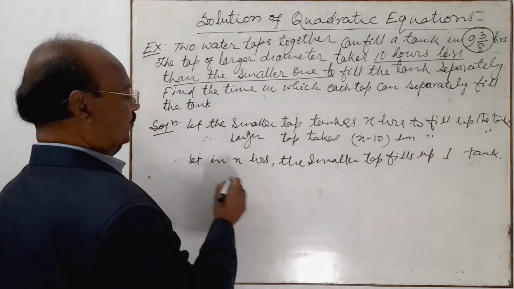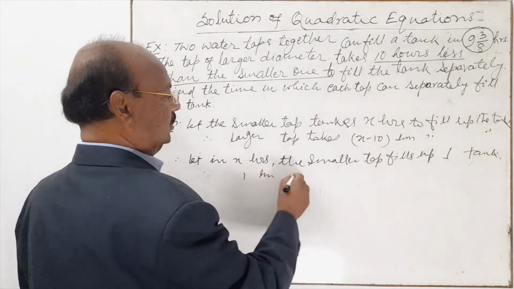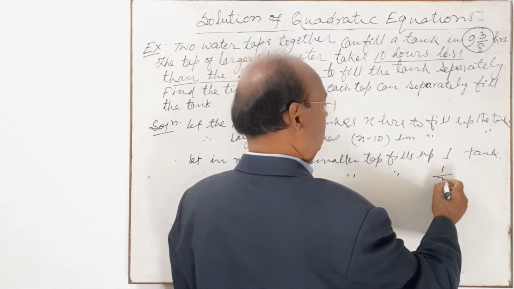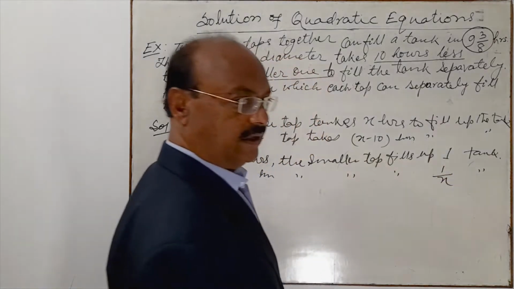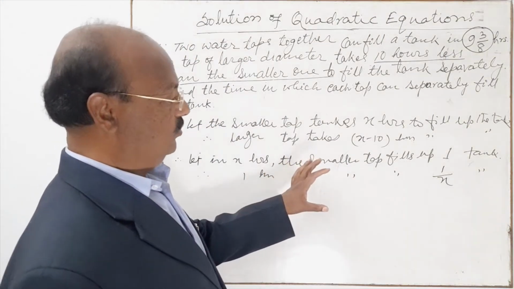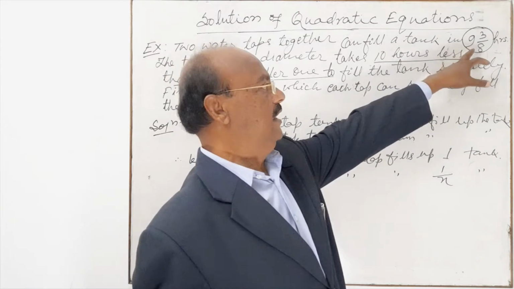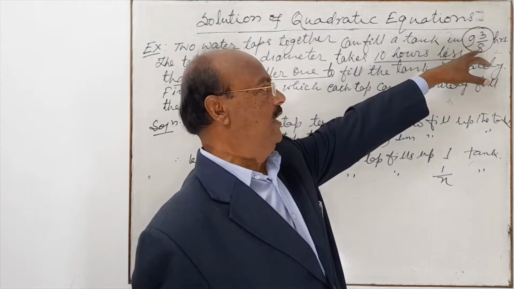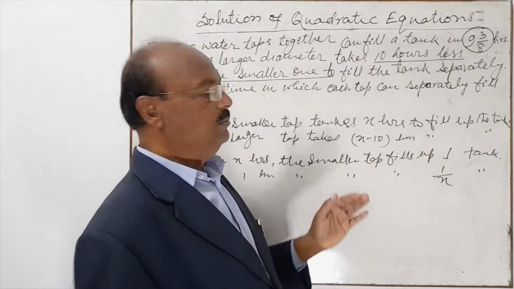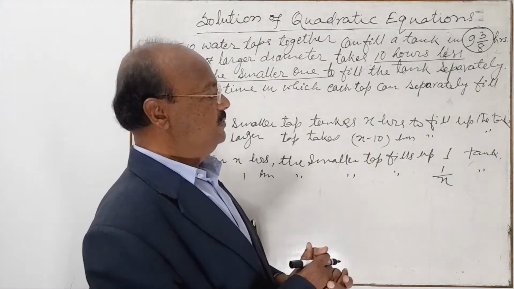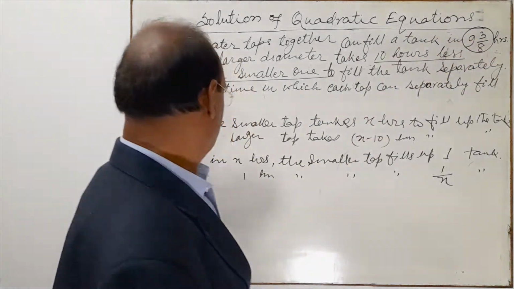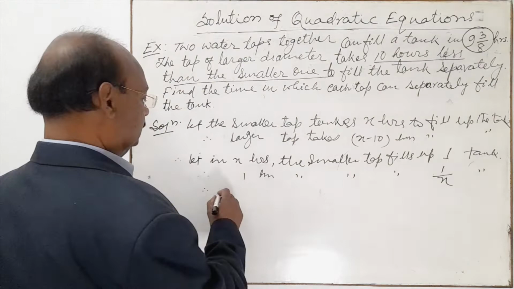So therefore in 1 hour the smaller tap fills up 1 by X part of the tank by the unitary method, and both the taps are working together for 9 and 3 by 8, which means 75 by 8 hours, to fill the tank completely. So how much part of the tank is being filled up by the smaller tap in 75 by 8 hours?